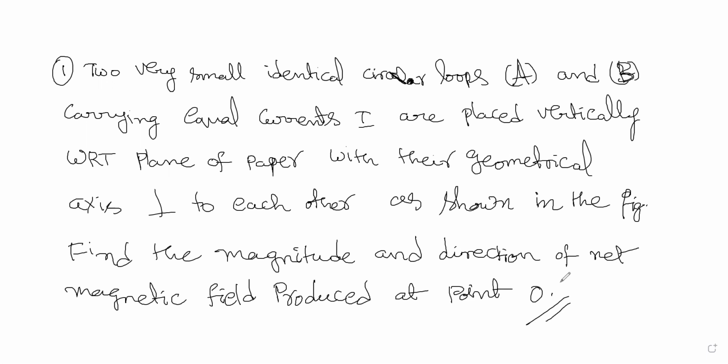So the thing is, two very small identical circular loops A and B are carrying equal currents I and placed vertically with respect to the plane of paper.